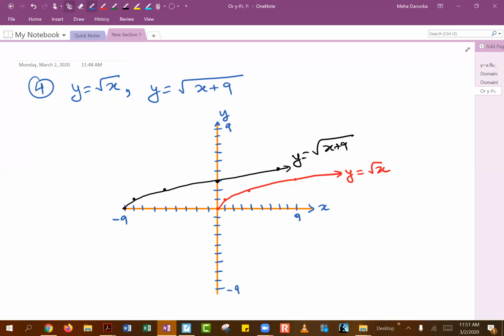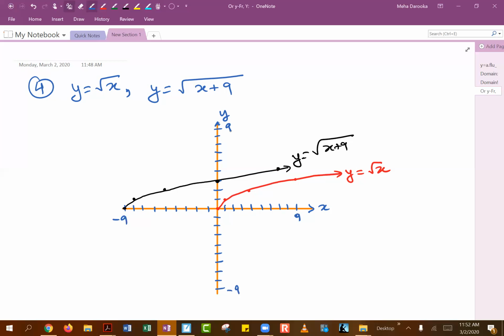Okay, what does our function look like? We put arrows in that because you're going to keep continuing in that direction. Let me see your function. Okay, looks good.